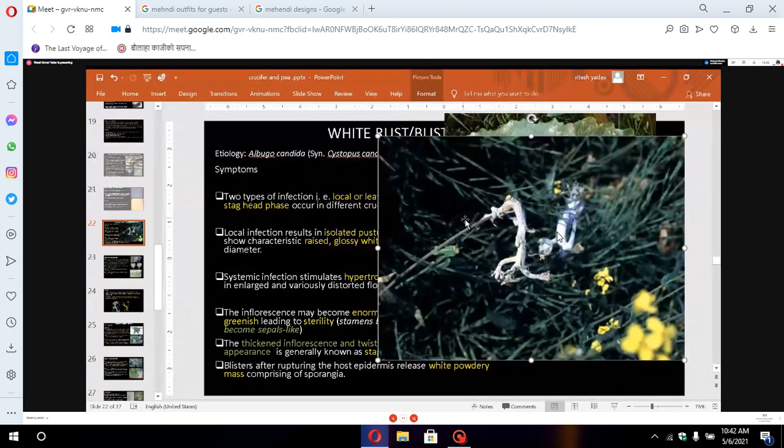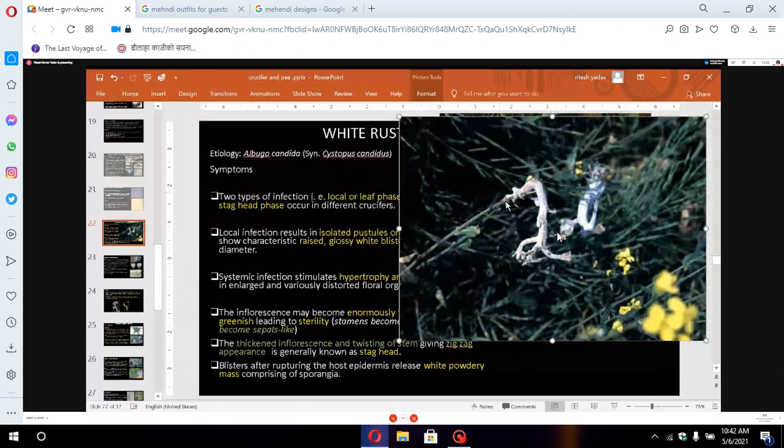This symptom is popularly known as stag head; a stag is a deer, and the antler resembles it. The floral stalk is highly swollen, malformed, distorted or twisted, giving a zigzag appearance resembling a stag head.